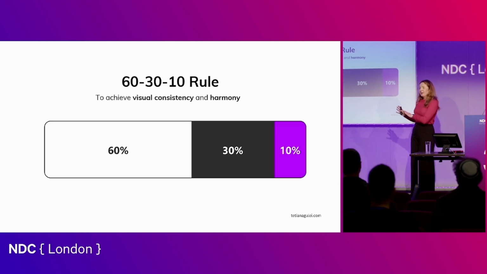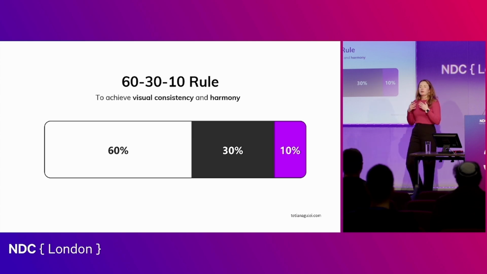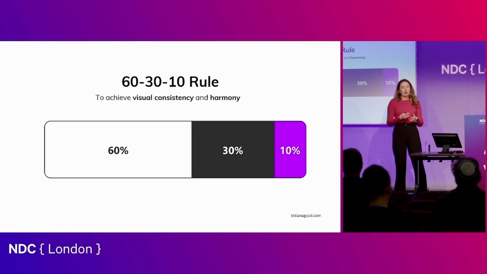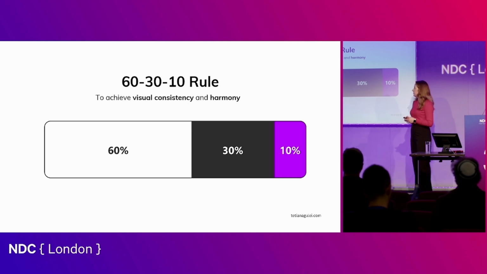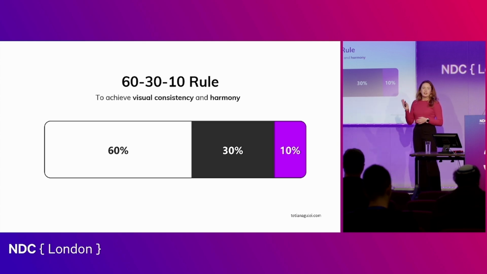Then another very nice rule that I love to follow as a designer is the 60-30-10 rule. And this is actually used to achieve that visual consistency and harmony. So what it means is that 60% of your screen is a primary color, then 30% of the screen is a secondary color, and only 10% is an accent color that you use for buttons, important call to actions, maybe some icons, and so on.